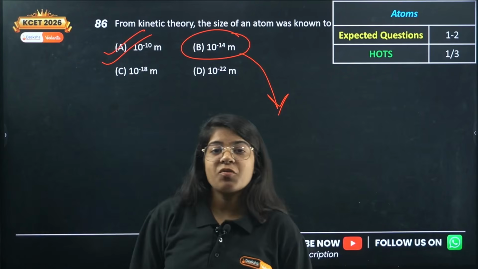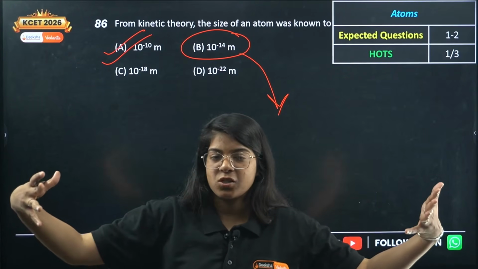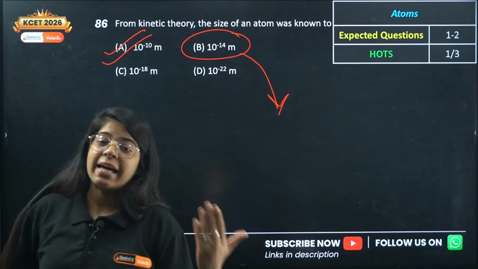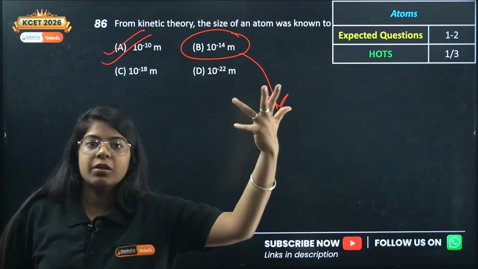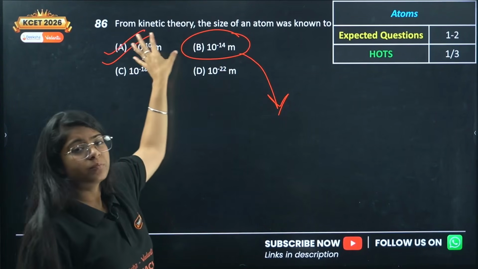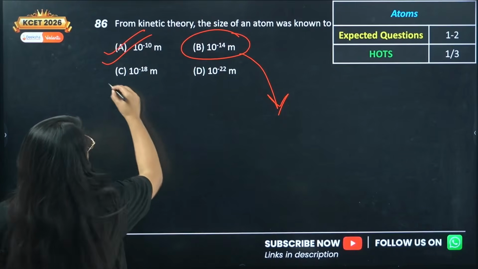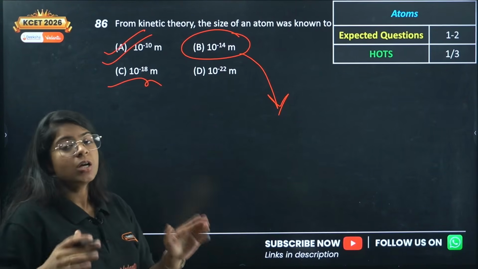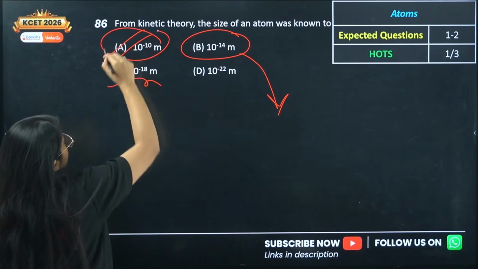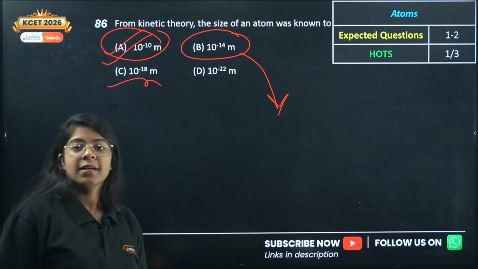So, my size of atom will be definitely bigger than the size of nucleus, right? So, even if they ask about anything else, electron, proton, atom, molecule, you just remember this and then make an idea from there. Now definitely 10 raised to the power minus 18 is even smaller. So atom can't be smaller than nucleus. It will definitely be bigger. So 10 to the power minus 10 is the correct answer.